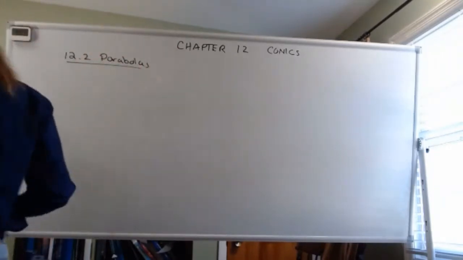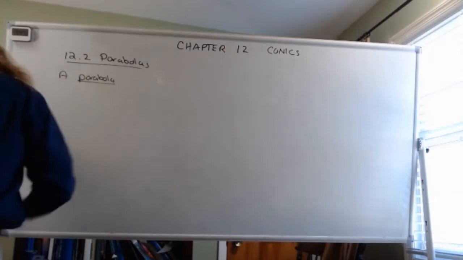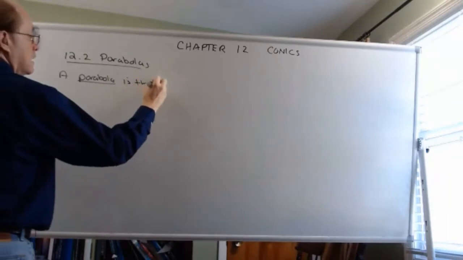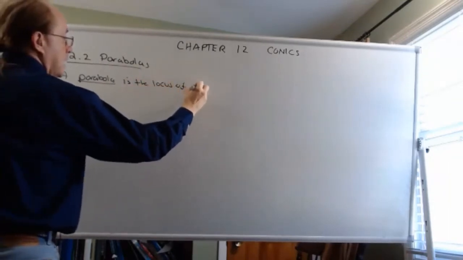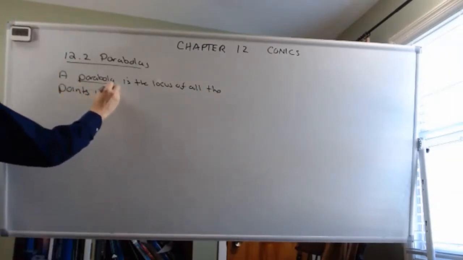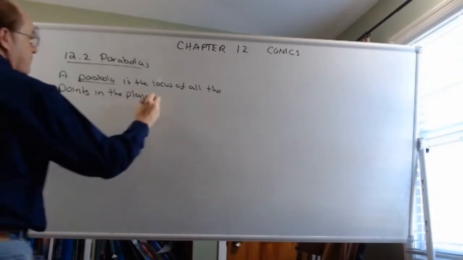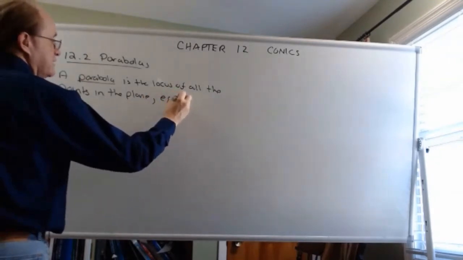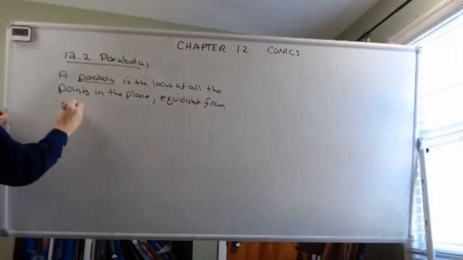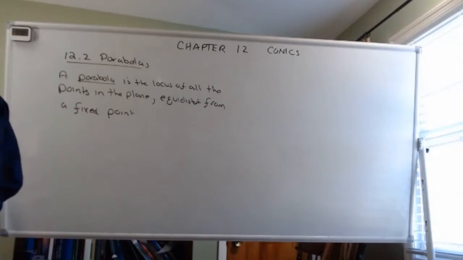And let's put the definition. So a parabola is the locus of all the points in the plane equidistant from a fixed point and a fixed line.